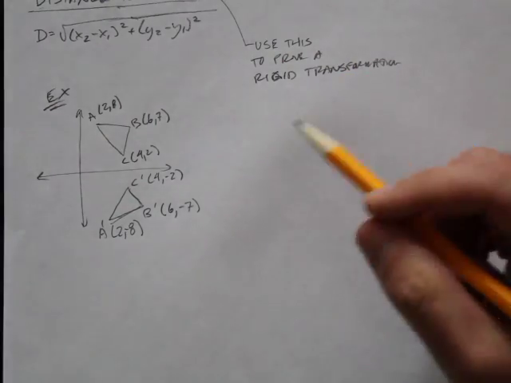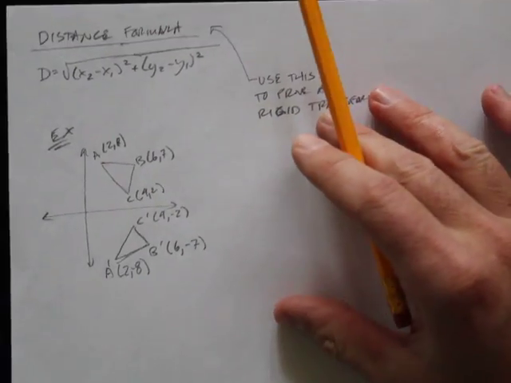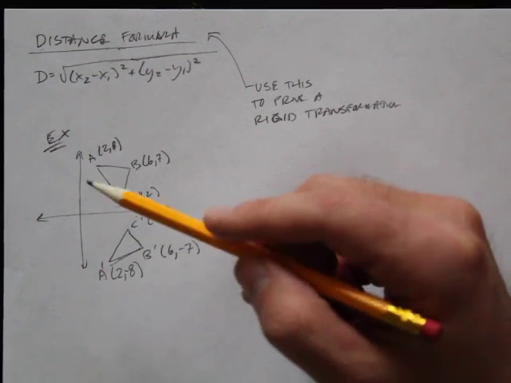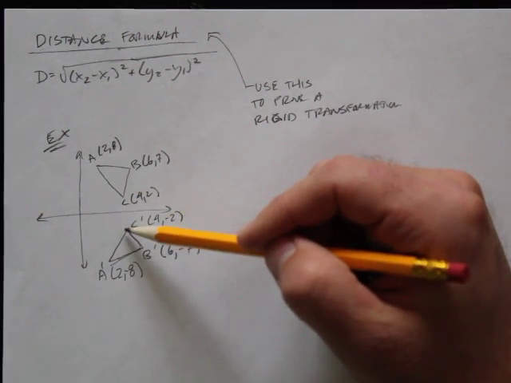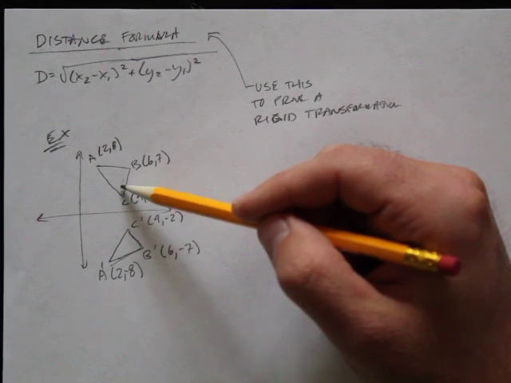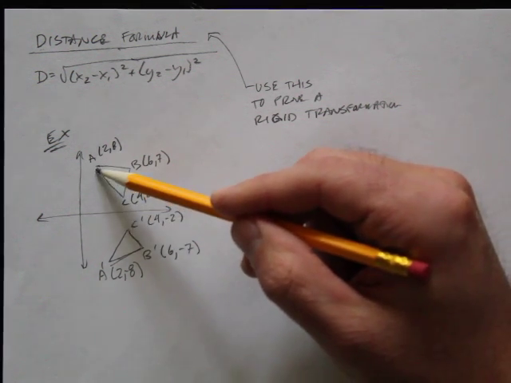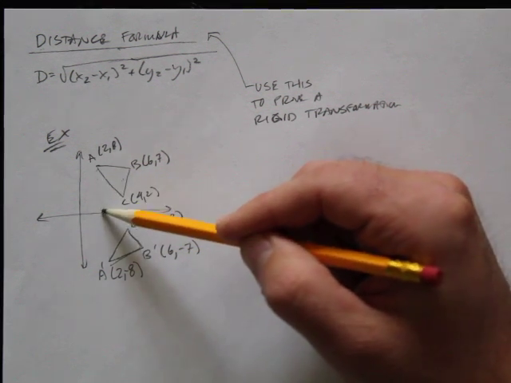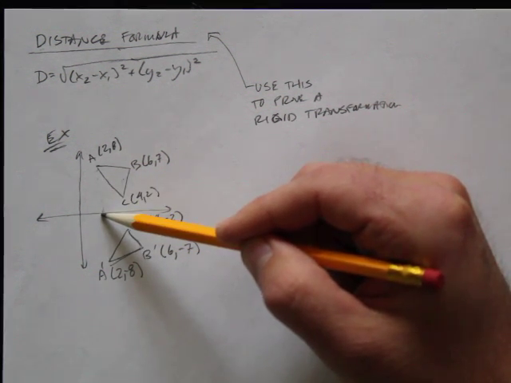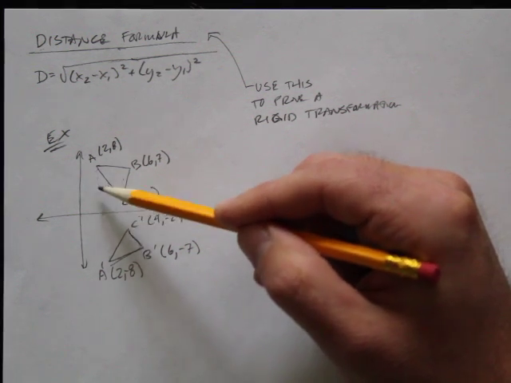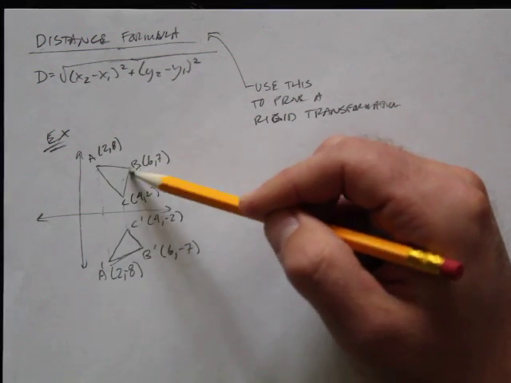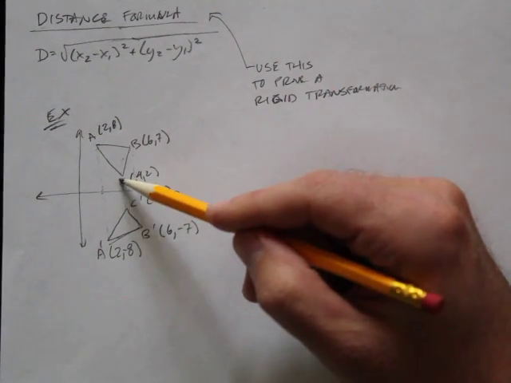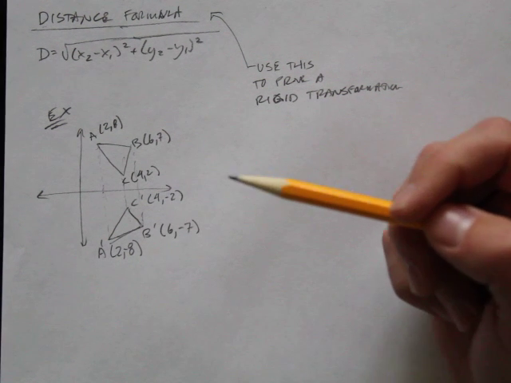And so the way we use the distance formula to prove that this is a rigid transformation is that we can see this is a reflection here. What we need to do is prove that this distance, if we were to cut it in half, and this distance, they all have a relationship with one another.